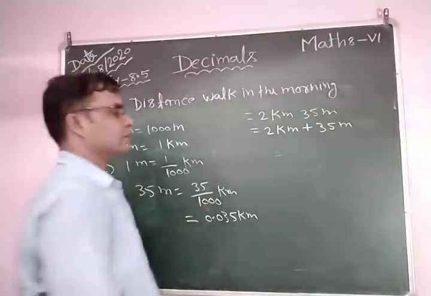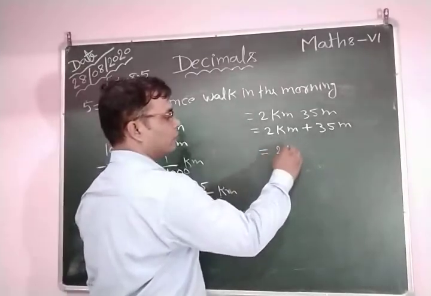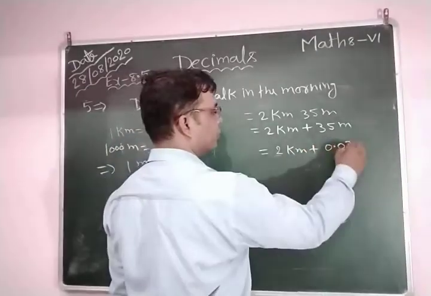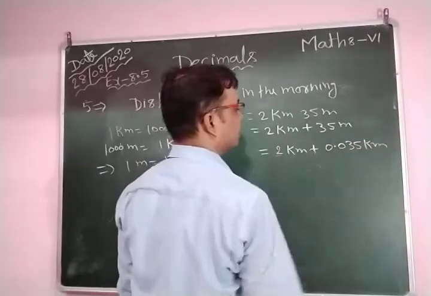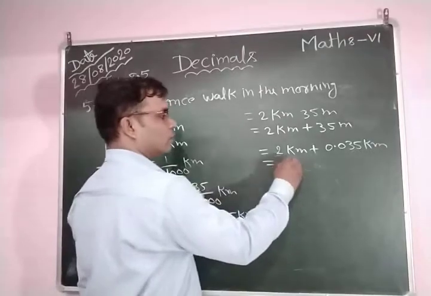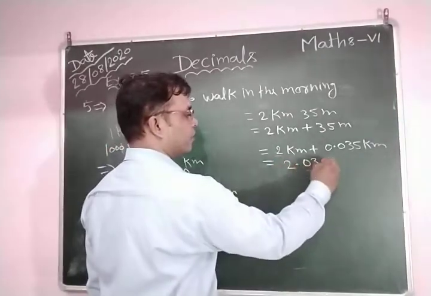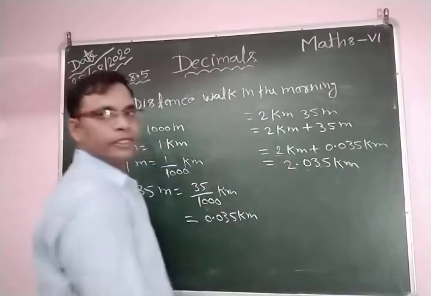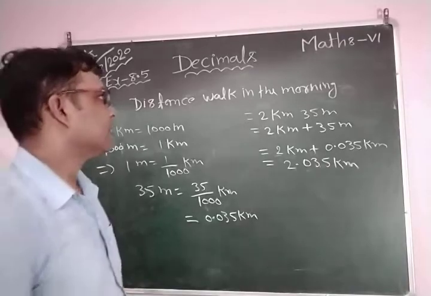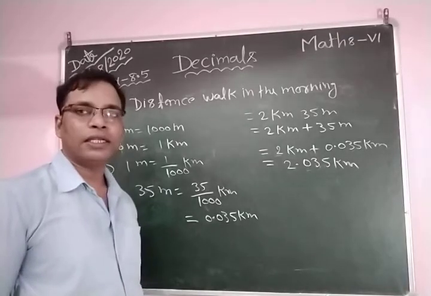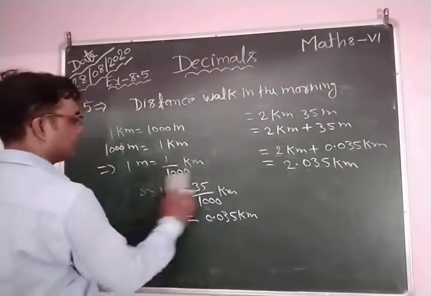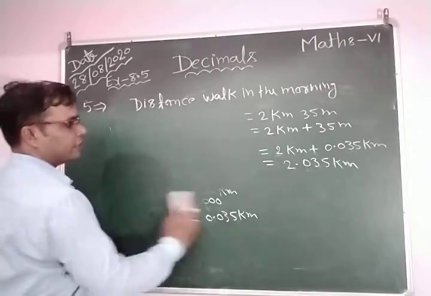So this is equal to 2 kilometer plus 0.035 kilometers, which is equal to 2.035 kilometers. So we can see the distance walked in the morning is 2.035 kilometers.